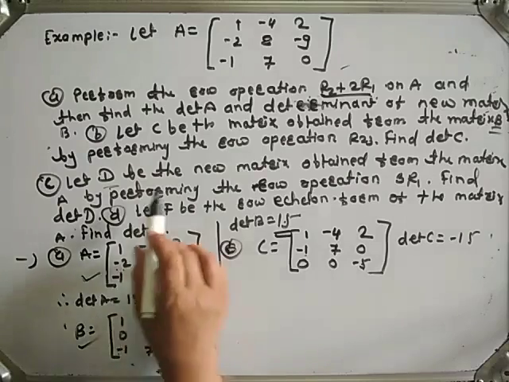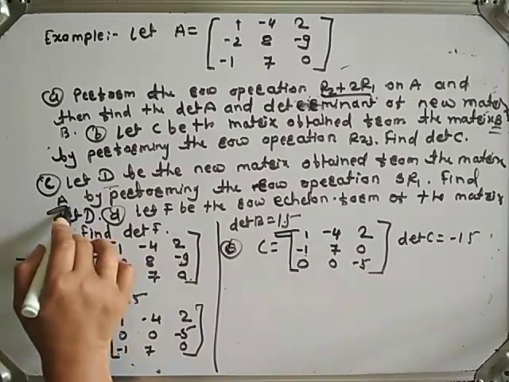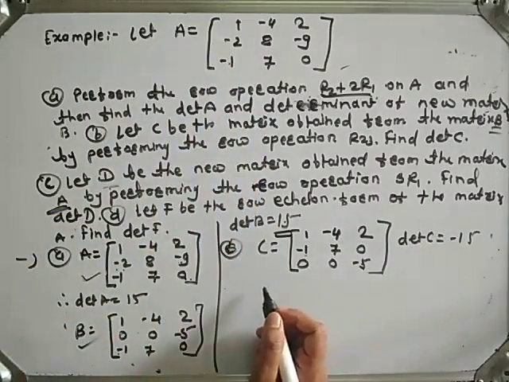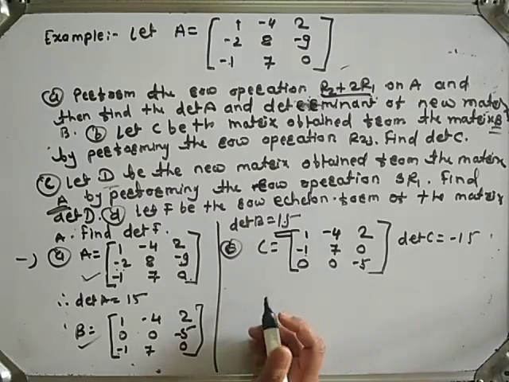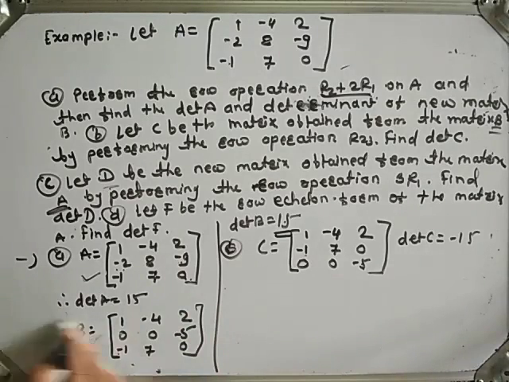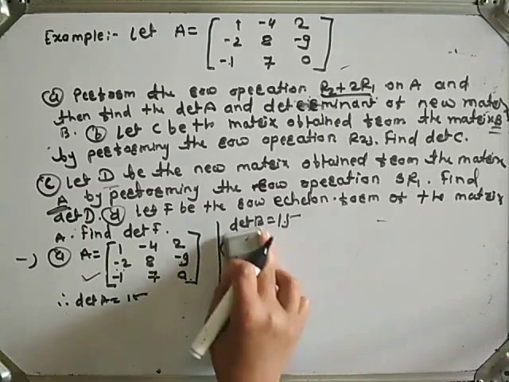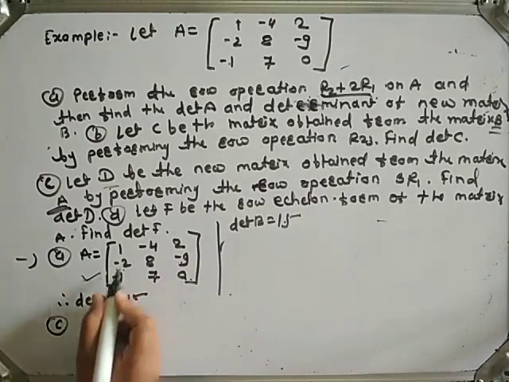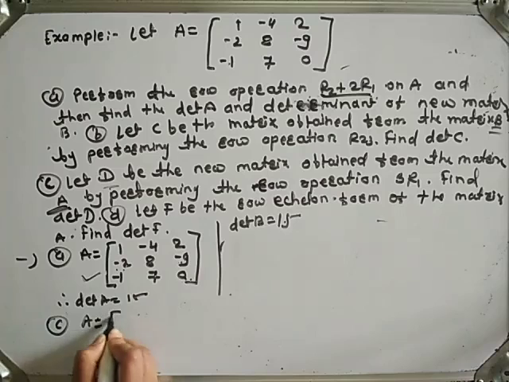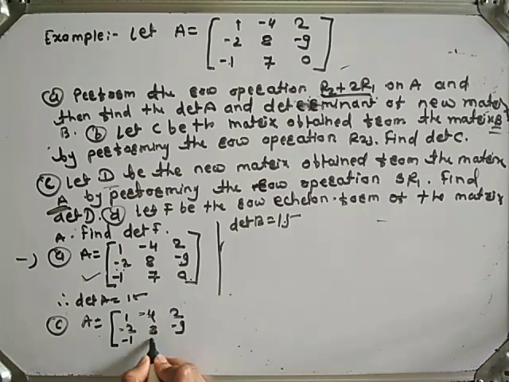In part C, D is the new matrix obtained from the matrix A by performing the row operation 3 into R1. Okay, this is our A matrix. Write down here: A equals 1, -4, 2; -2, 8, -9; -1, 7, 0.